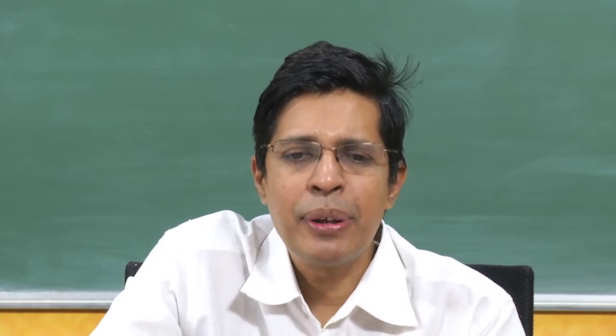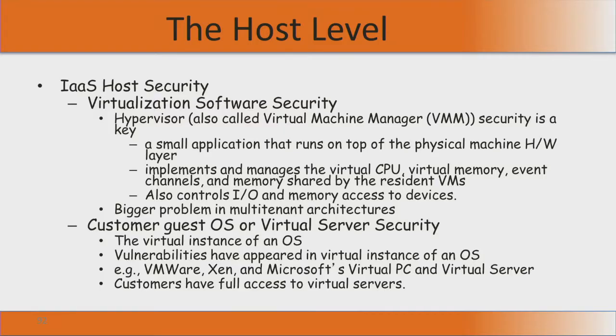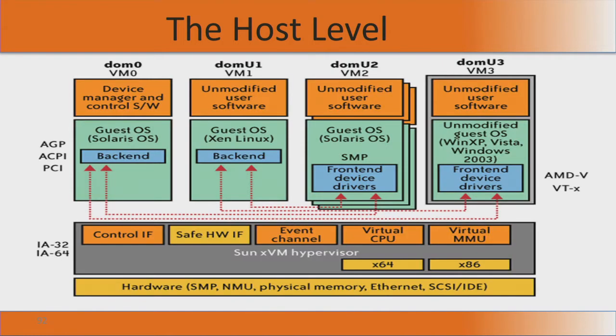So, just summing up, there is hypervisor level security, and that security is very important in multi-tenant architectures where more than one software runs on the same physical hardware. And then there is the next level, which is the customer guest OS or the virtual server, and we have to look at the security of them.